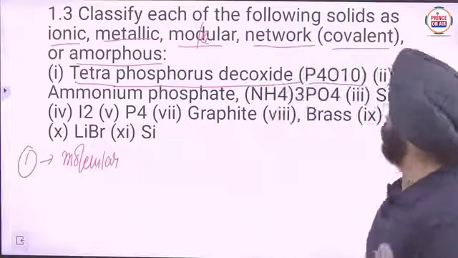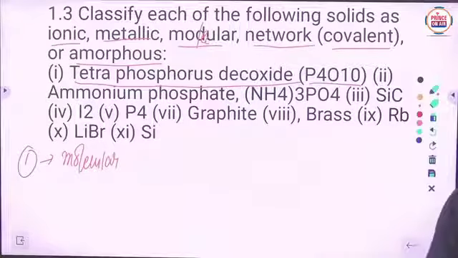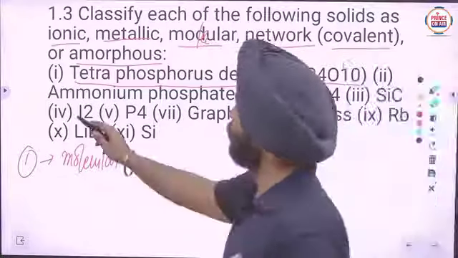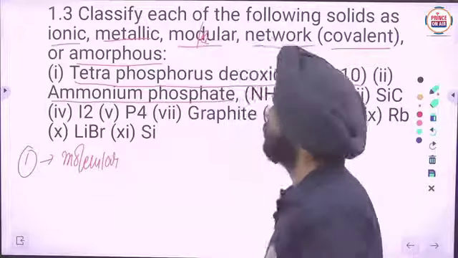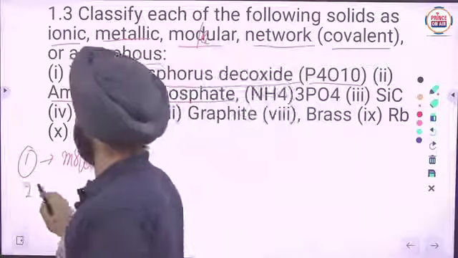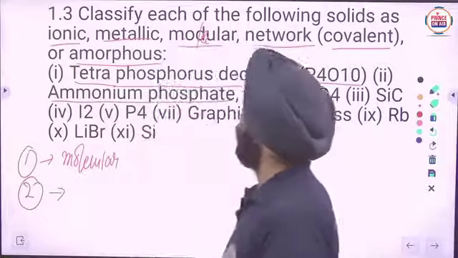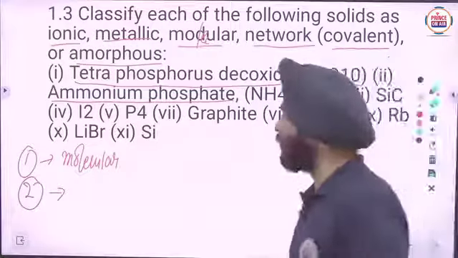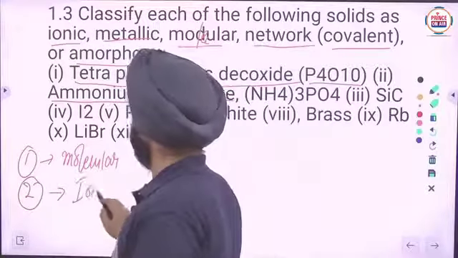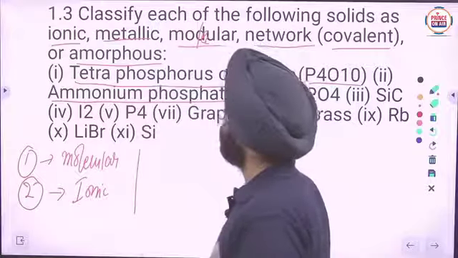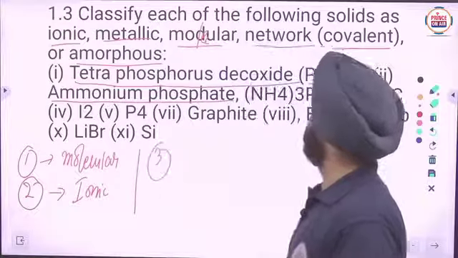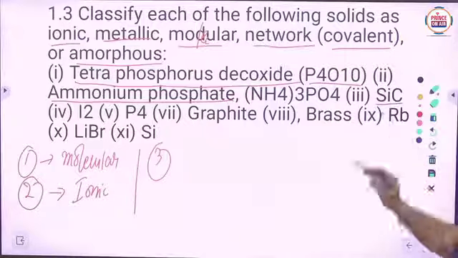Next one is ammonium phosphate. Second, ammonium phosphate is ionic. Next one, third, SiC.